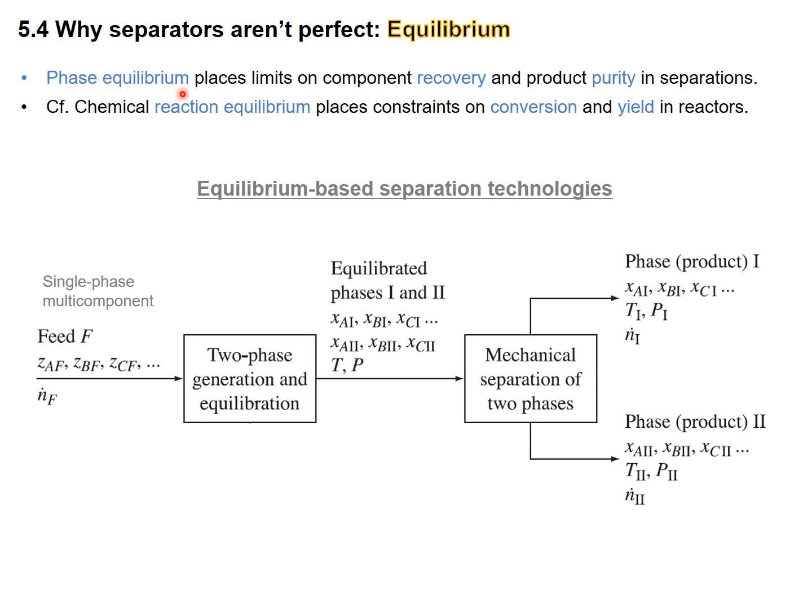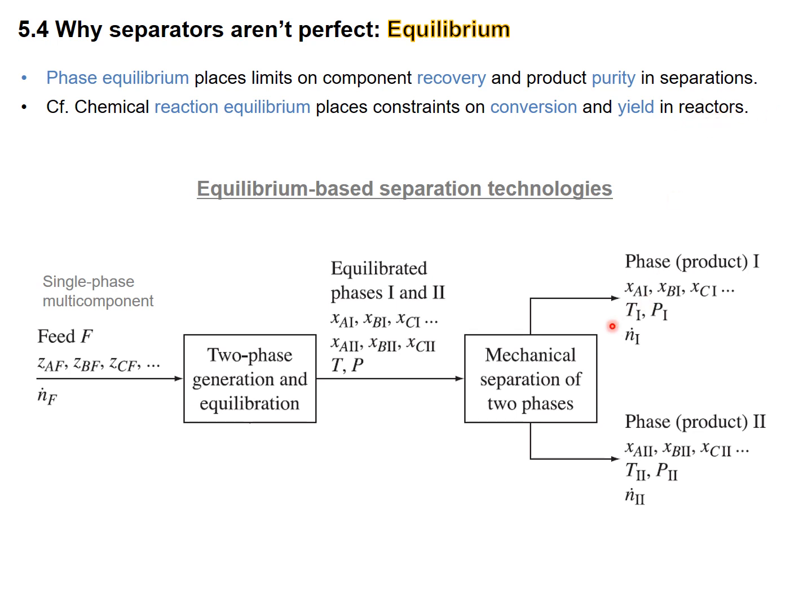Phase equilibrium places limits on component recovery and product purity in separation. You could find the similarity for the reactors. You have learned about that. For example, chemical reaction equilibrium places constraints or limits on conversion and yield in reactors.